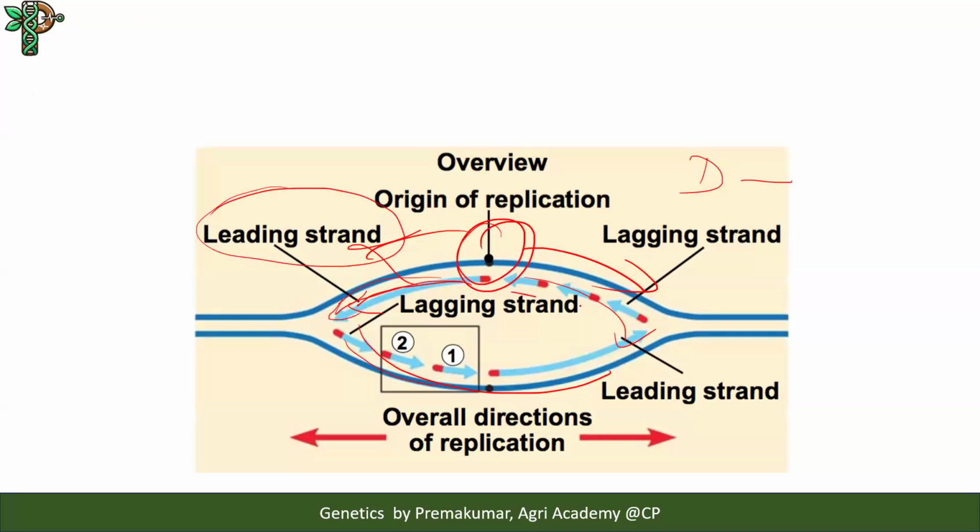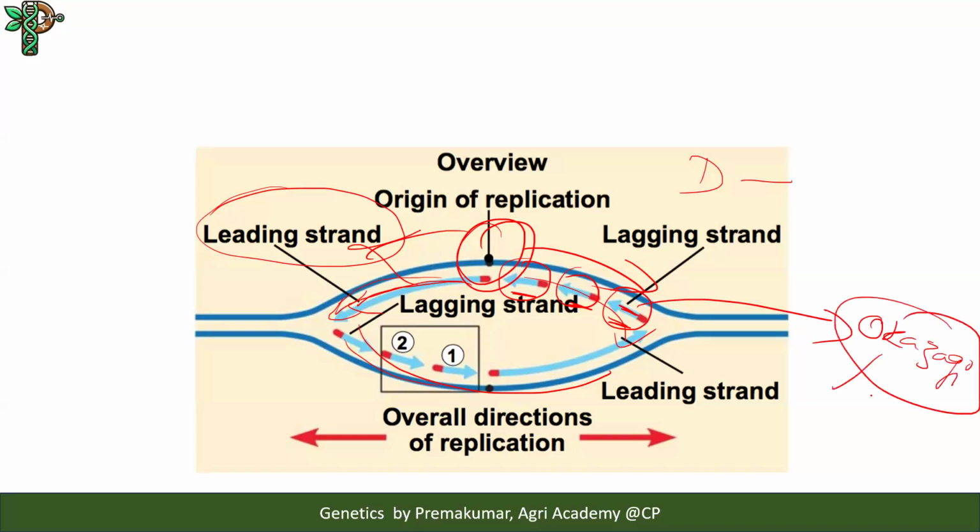In the lagging strand, DNA synthesis occurs discontinuously. Means there is a formation of Okazaki fragments, which are short sequences. Further, these are joined by an enzyme called DNA ligase.